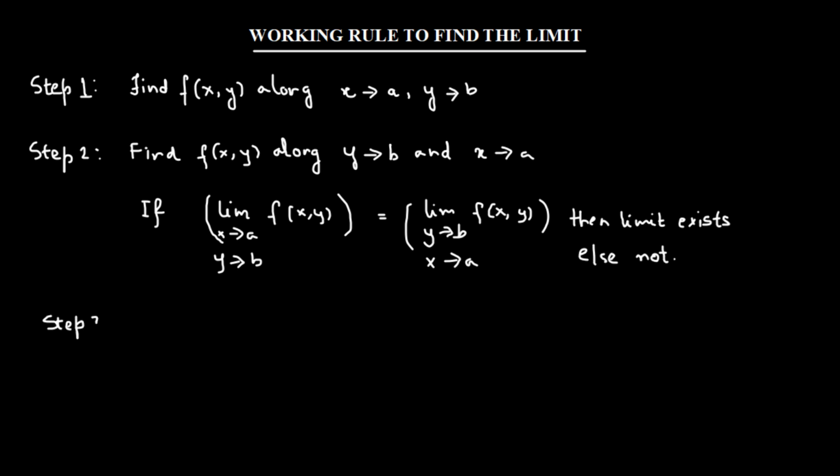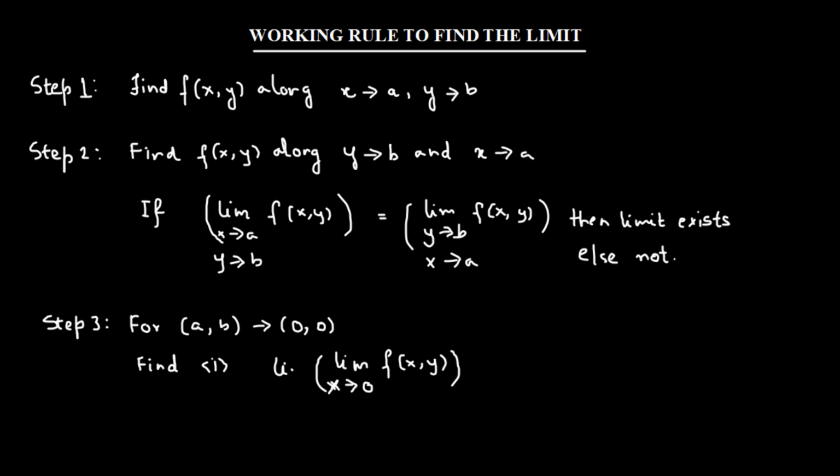Consider the value of the function somewhere near the origin, so that means when a comma b approaches the point 0 comma 0. In number 1, we begin by finding the limiting value of the function f of x comma y as x approaches 0, and then the limiting value when y approaches 0, and let it be the function f1.